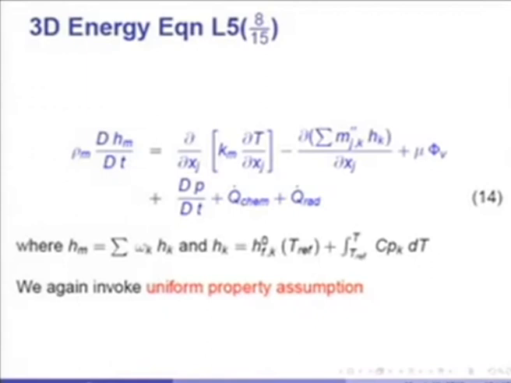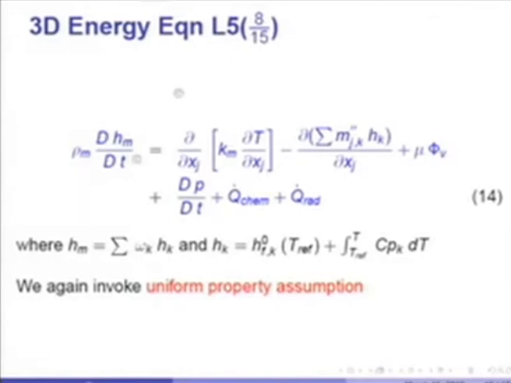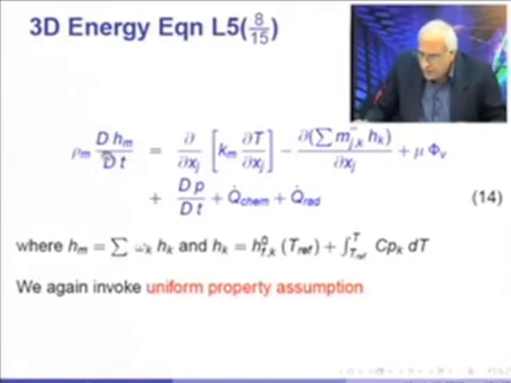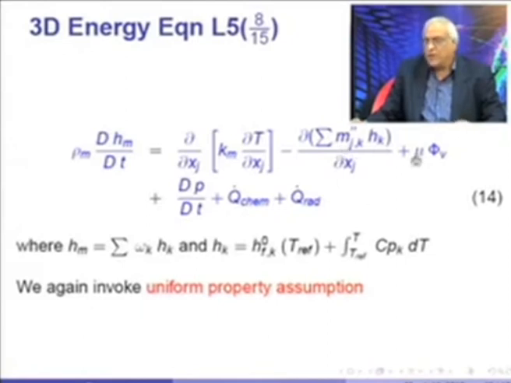Now, we will turn our attention to the energy equation, and you will recall the energy equation that we wrote on the last slide of the previous lecture. This is the rate of change of enthalpy, plus conduction heat transfer, plus diffusion heat transfer, the heat transfer due to mass diffusion. This is the viscous dissipation, this is the pressure work term, and these are the chemical energy and the radiation.